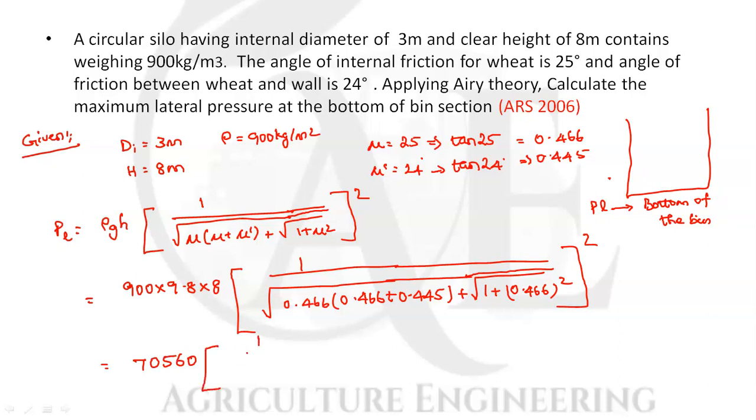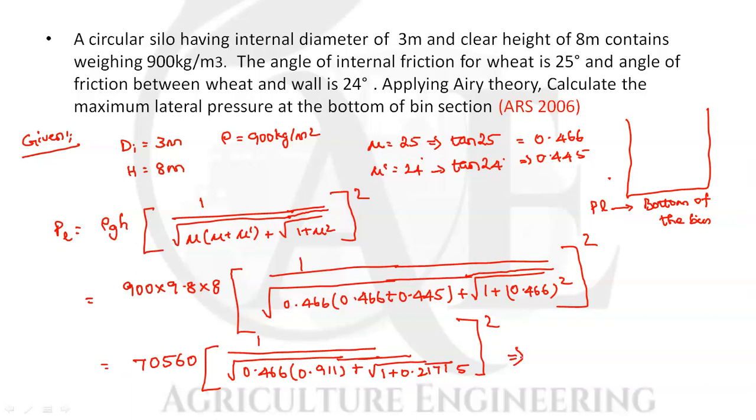So bracket of 1 divided by root of 0.466 into 0.466 plus 0.445 is 0.911, bracket plus root of 1 plus 0.466 square, which gives 0.21715, the whole square. So when you simplify this, you can get the answer.